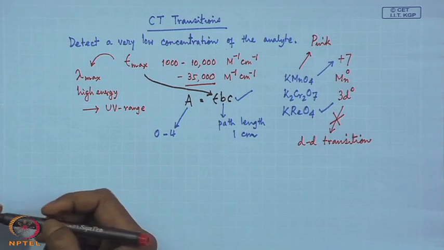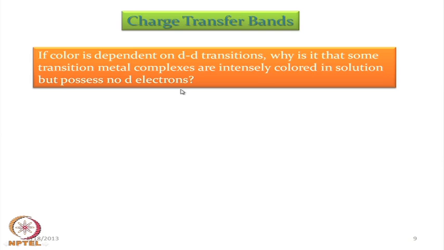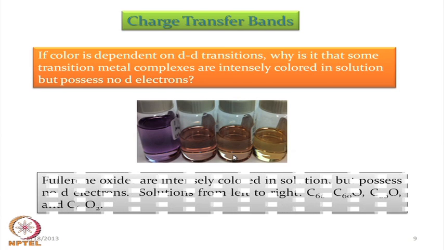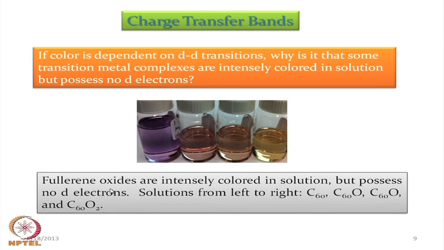So why do we see the color? Not only potassium permanganate, there are also some compounds where the metal is not present, yet these are solutions which are colored, not colorless. For example, there are compounds that are light yellow to pink in color, but these are basically fullerene oxides.